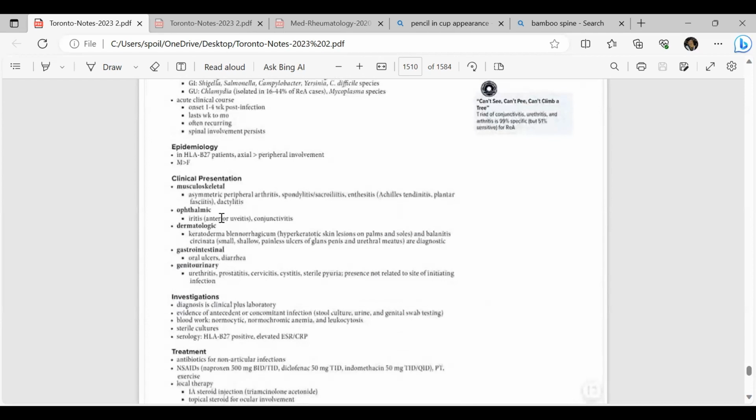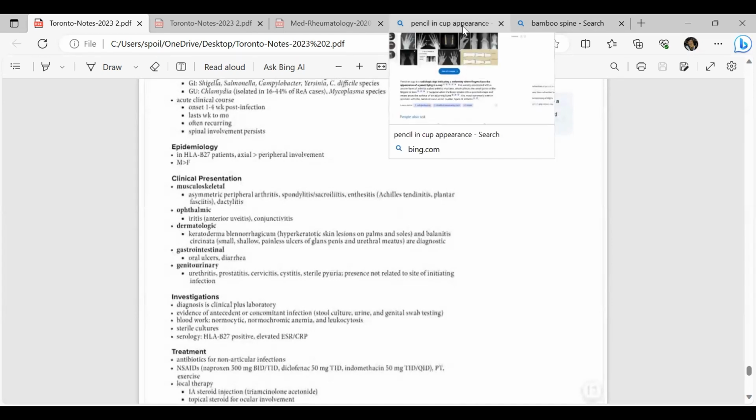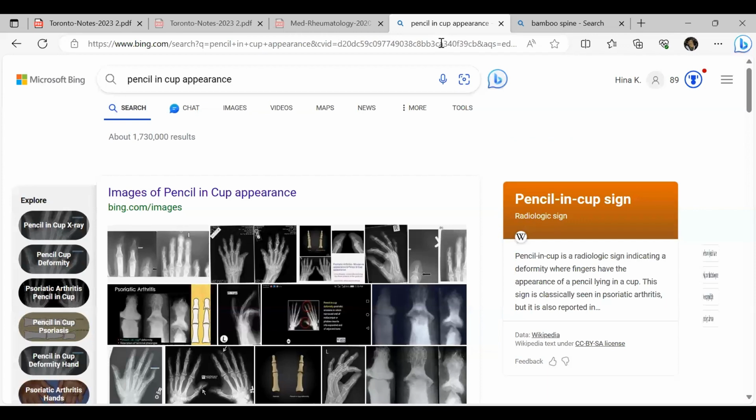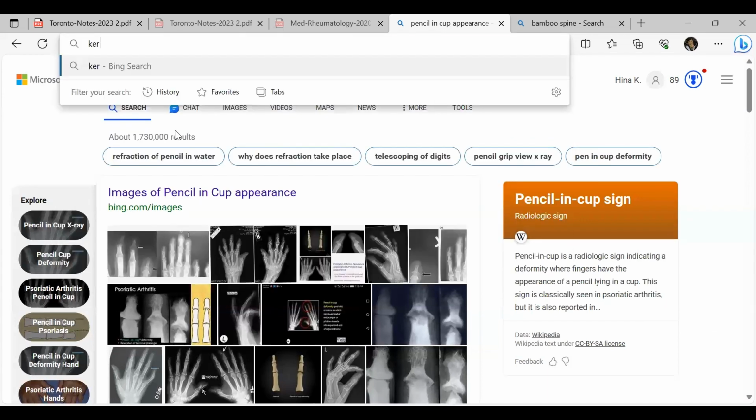Okay, so the clinical presentation will be arthritis, sacroiliitis, dactylitis, iritis, conjunctivitis, keratoderma, skin lesions on palms and soles. Can you see keratoderma?